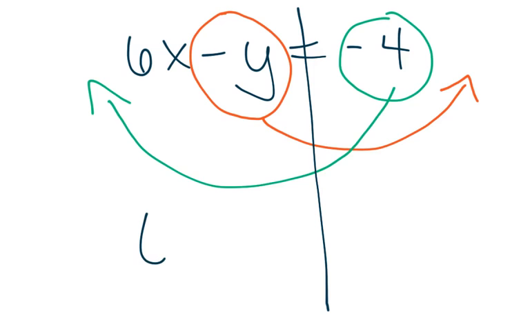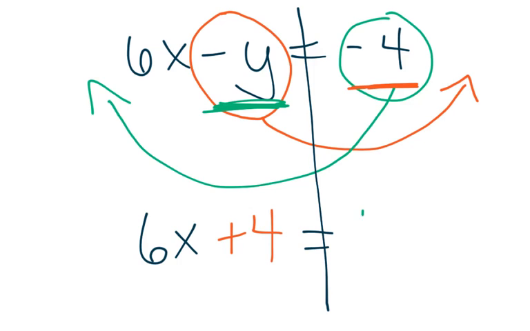So the 6x is going to stay the same. We're not moving it at all. But this used to be a -4, and now it'll be a +4. And this used to be a -y, now it'll be a +y. And that's really all that we did.